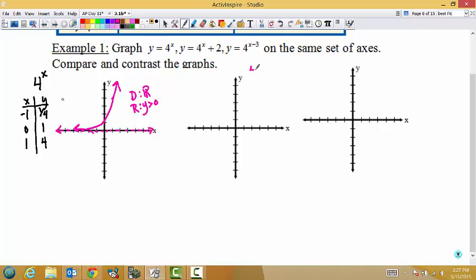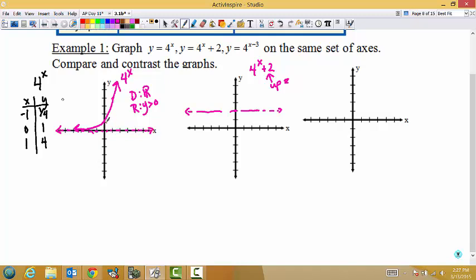And then I've got 4 to the x plus 2. Well, how is that going to be different? If this is 4 to the x, how did it change to 4 to the x plus 2? Well, a plus 2 on the outside shifts the graph up 2. So everything's going to move up 2. My asymptote is going to move up 2.